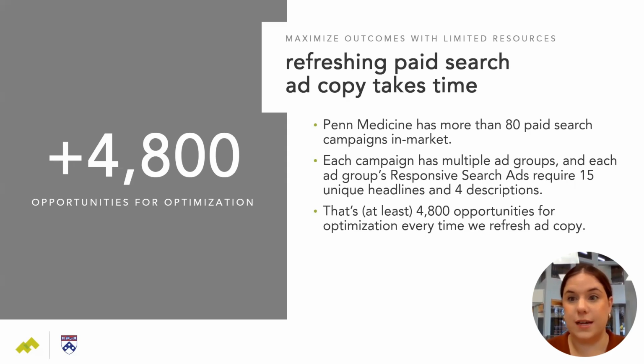So you can see how this starts to add up and take a lot of time to optimize these different pieces of the campaign that are important, but are a bit tedious when it comes to time management and making sure that we're optimizing ad copy effectively.